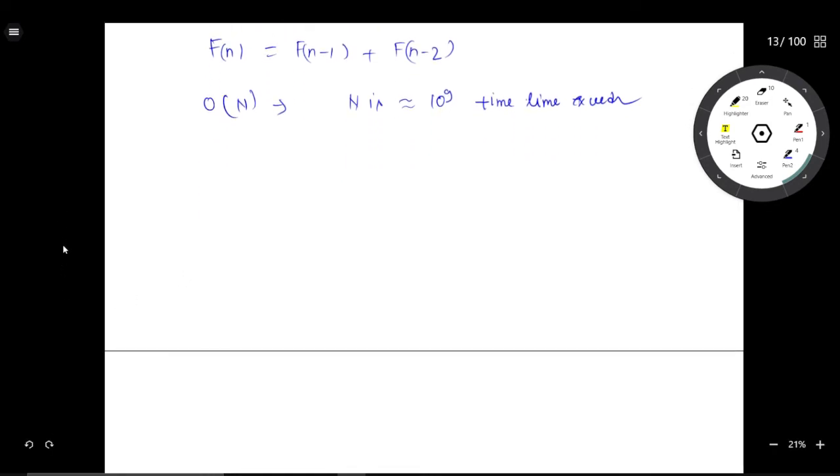So what is matrix exponential? Let's assume the example of the Fibonacci number.